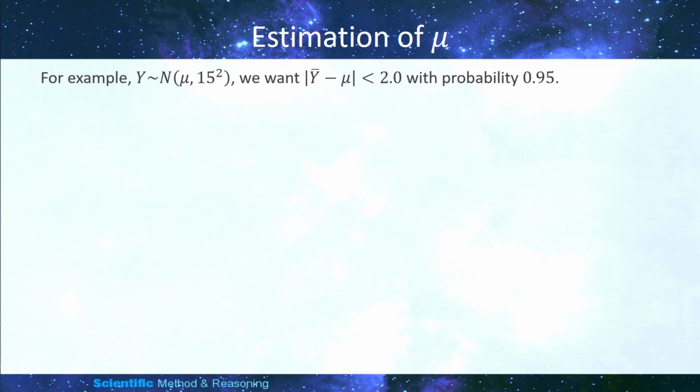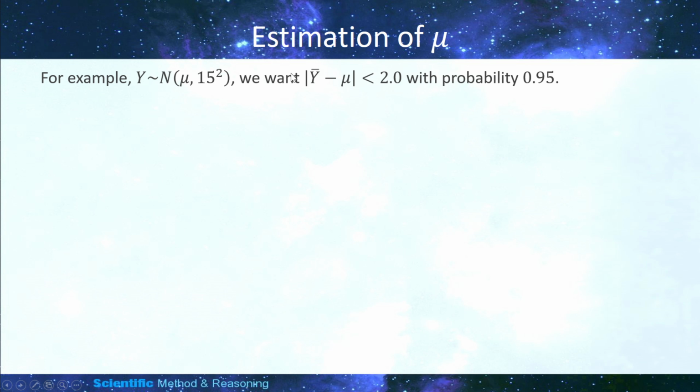Okay, so let's take a look at an example. Suppose the individual observations y follow a normal distribution with unknown mean mu and variance 15 square, and we would like to control the error to be within 2 units with probability 0.95.